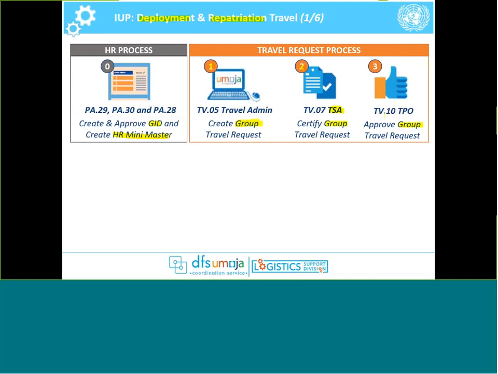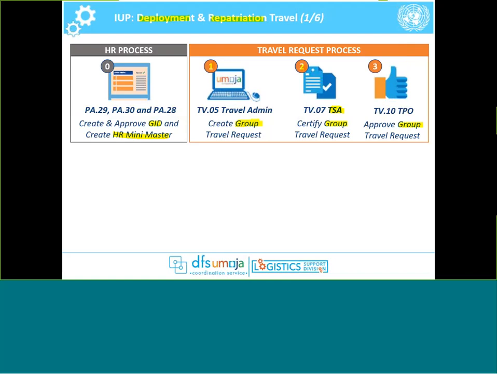And as a TPO, you will contact the travel vendor, get the final estimate for the entire group, and indicate the final estimate, what's going to be the price to purchase the ticket for all the uniformed personnel included in that group.